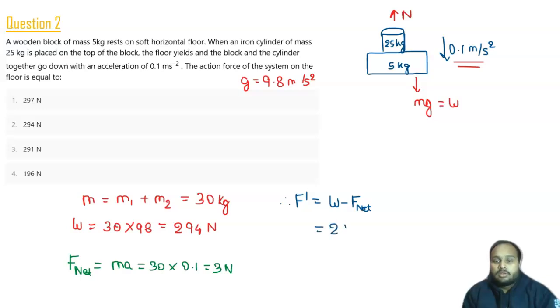So W was 294, whereas F net was 3. So 294 minus 3, which will be equal to 291 Newton. So action force of the system on the floor will be equal to 291 Newton, which is option 3, the correct answer. And to be noted, this is a question which is a PYQ of JEE Main.